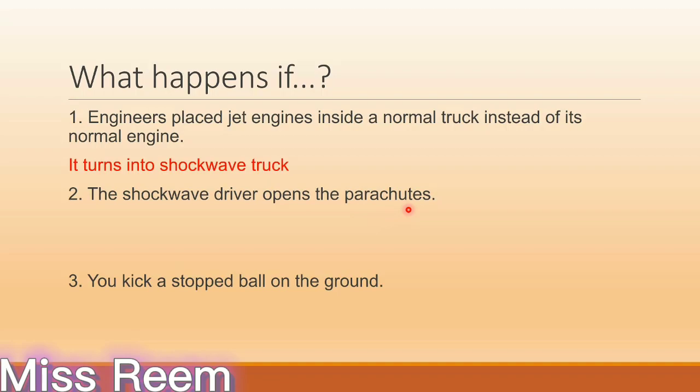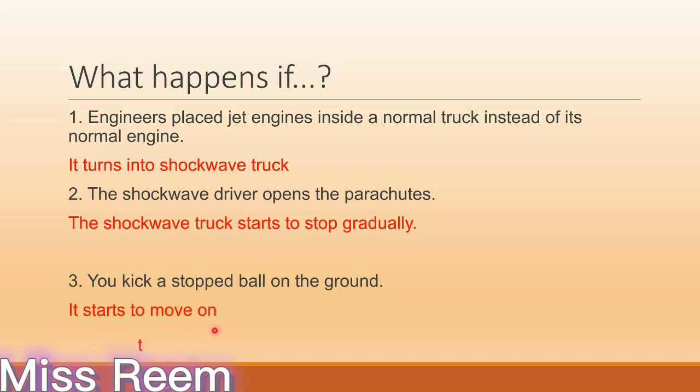What do you think? Of course, the shockwave truck starts to stop gradually. What happens if you kick a stopped ball on the ground? Of course, it starts to move on the ground.